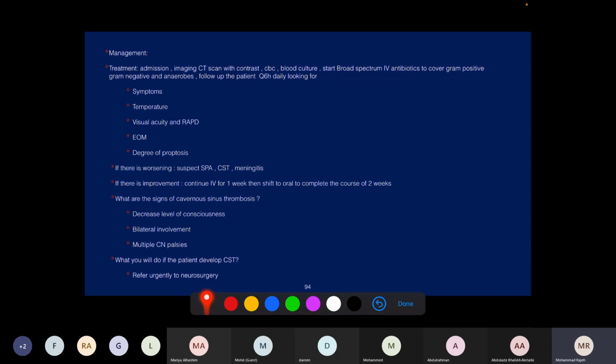And always, you need to know about meningitis symptoms, like photophobia, headache, neck stiffness. What else? Signs of cavernous sinus thrombosis.